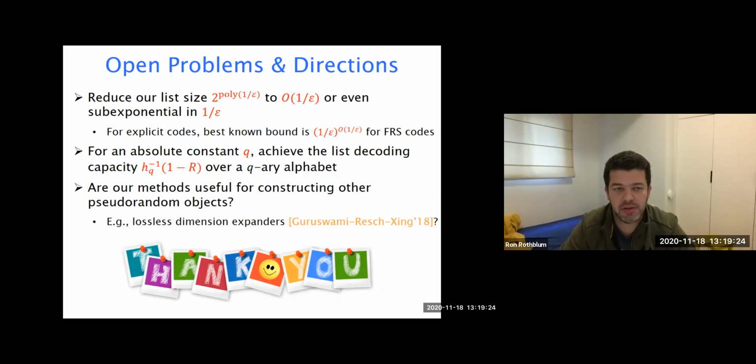I have a question about the first open problem, reducing the list size. If you don't insist on this kind of optimal distance-rate trade-off, is that easy to get? Or with what kind of trade-off can you get it? If I insist on a poly 1 over epsilon list size, but I'm willing to live with a worse trade-off between distance and rate.